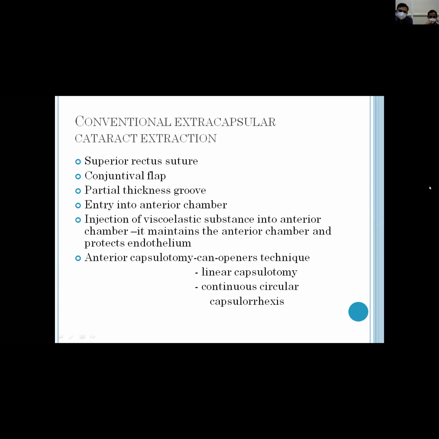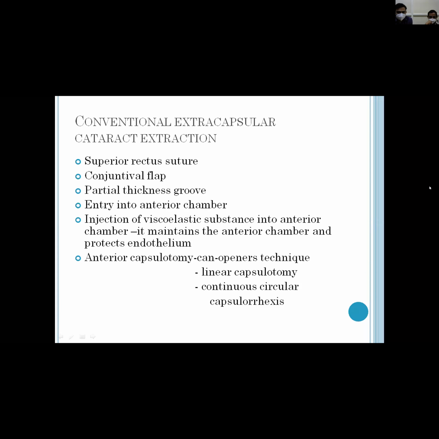Anterior capsulotomy. It is of can opener's technique, linear capsulotomy, and continuous circular capsulorhexis. In can opener's technique, a cystitome is introduced into the anterior chamber and multiple small radial cuts are made in the anterior capsule.